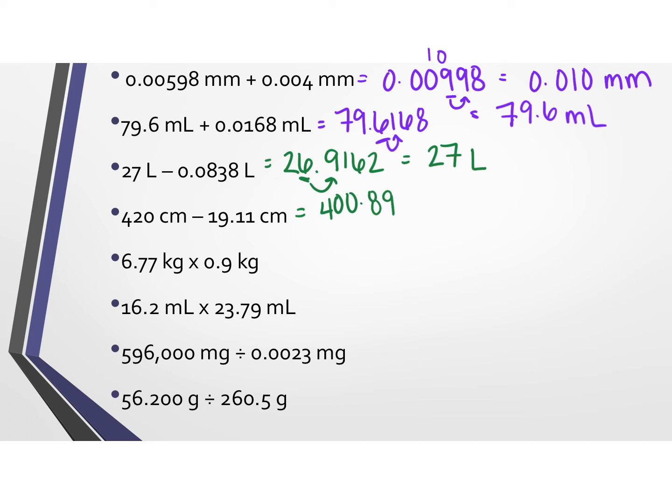Decimal. Okay, decimal. How many are in 420? Okay, none. So how many can your answer have? None. So you have to end in the ones place. I look over though, and that 8 is going to cause us to do what? Okay, so what should my answer be? Okay, 401.